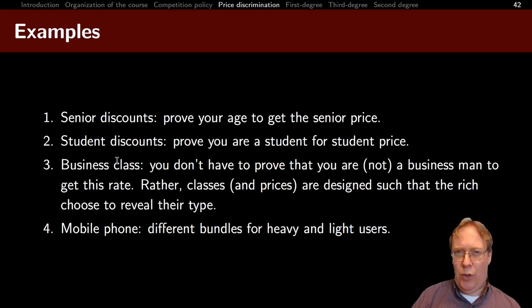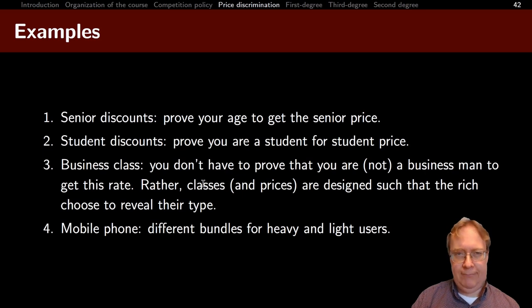It cannot say, you're a businessman, so you have to pay more. But what it can do is design the different classes in such a way that business people voluntarily choose to fly business class and pay a bit more. So that will be second degree price discrimination.